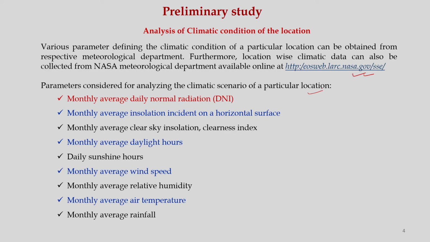Number 1 may be monthly average daily normal radiation, monthly average insolation incident on a horizontal surface, monthly average clear sky insolation or clearness index, monthly average daily sunshine hours, monthly average wind speed, monthly average relative humidity, monthly average air temperature, monthly average rainfall. This information is required. Already we have discussed many techniques for investigating many of the parameters mentioned in this list.